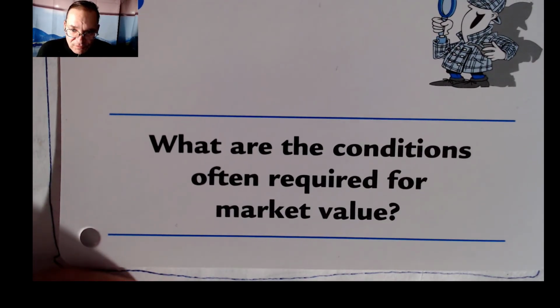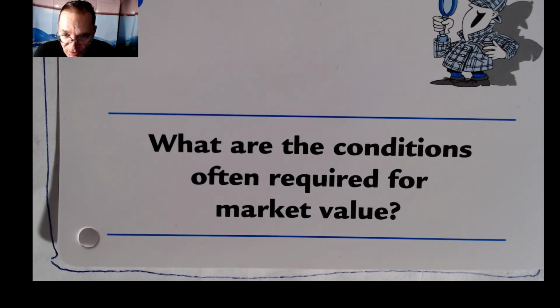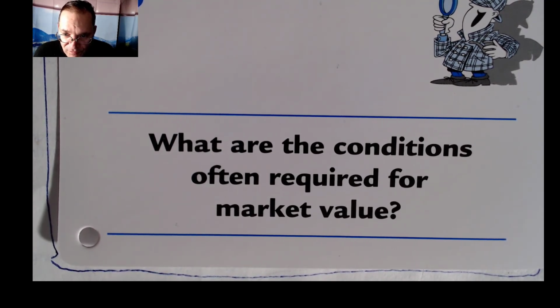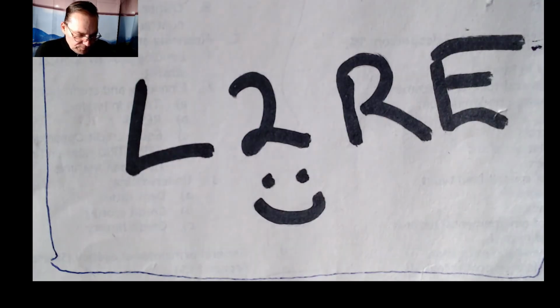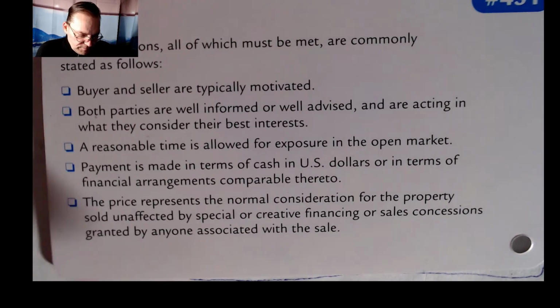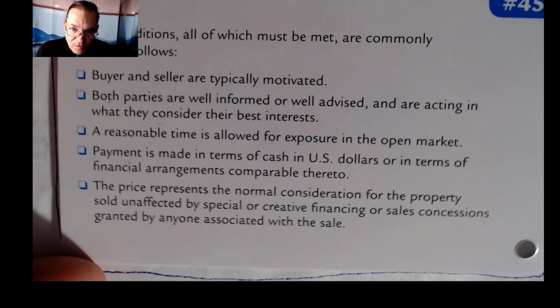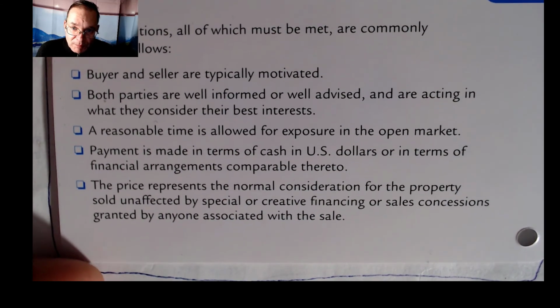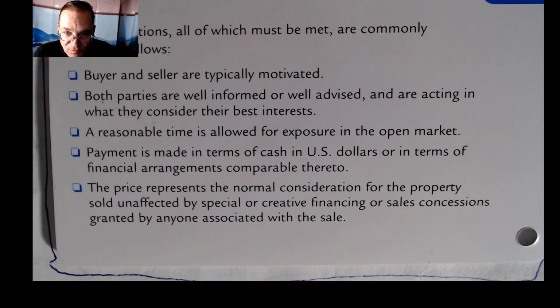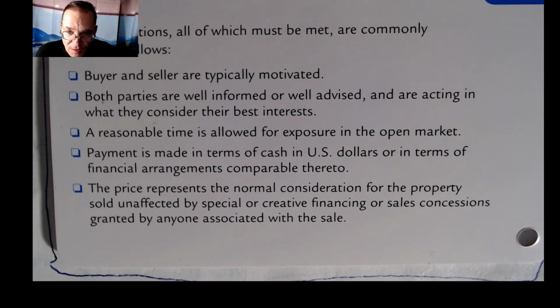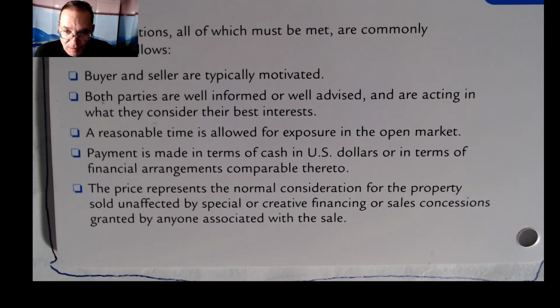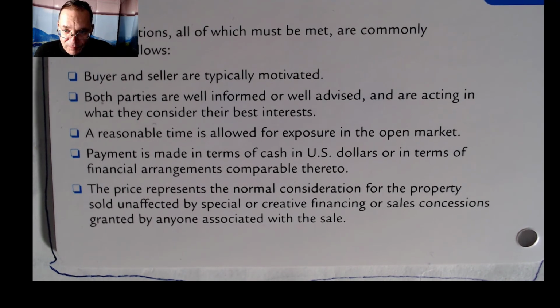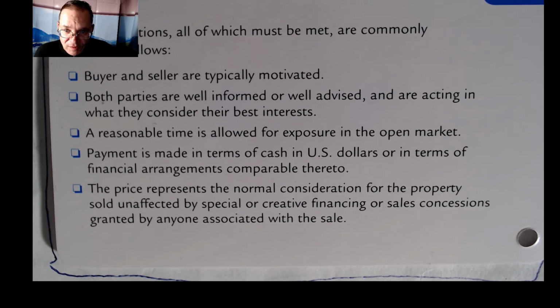What are the conditions often required for market value? These conditions, all of which must be met, are commonly stated as follows. Buyer and seller are typically motivated. Both parties are well informed and well advised and are acting in what they consider their best interests.